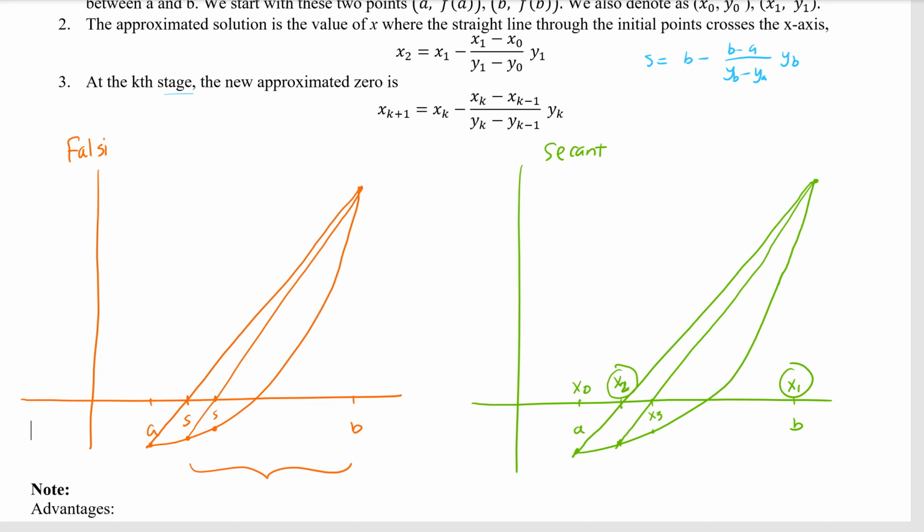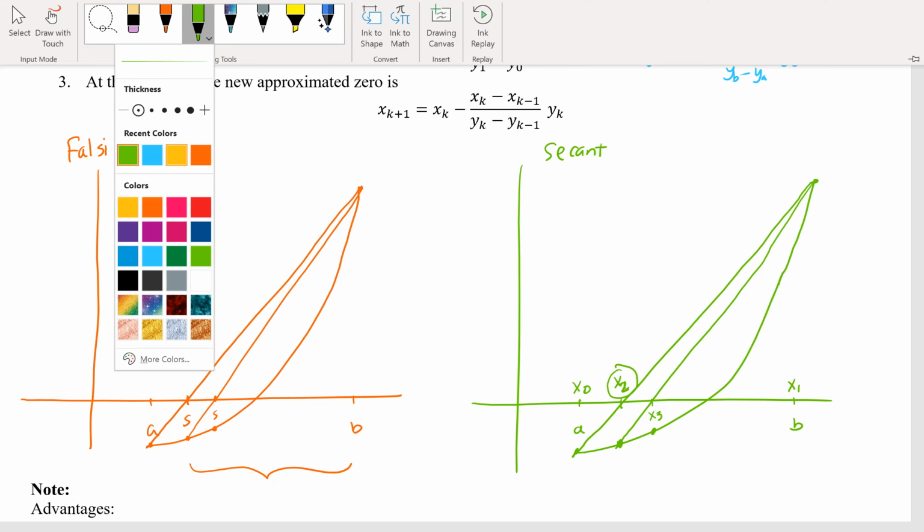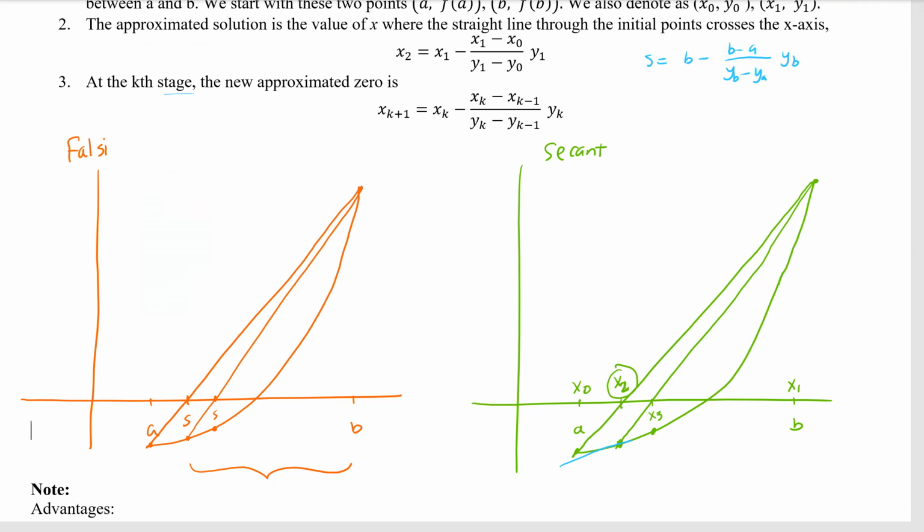And then we use x2 and x3 to give us x4. So the next step, we look at these 2 points. Let me change to a different color because this is the step to make them different. We look at the secant line passing those 2 points. So this is x4. So far so good, everybody.